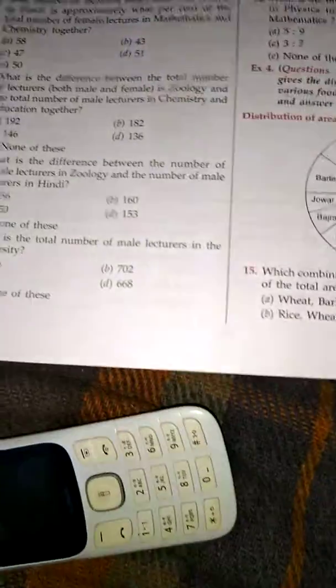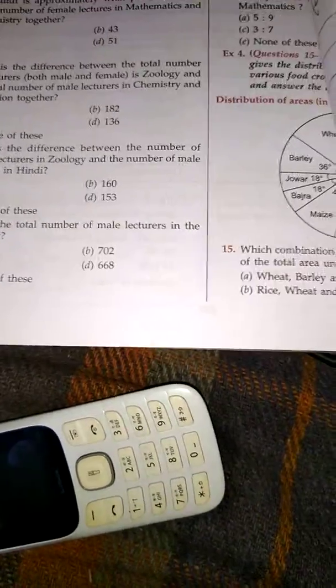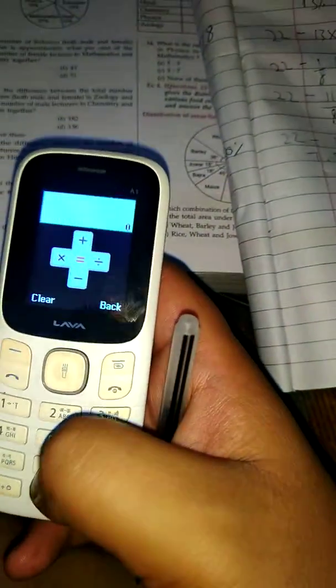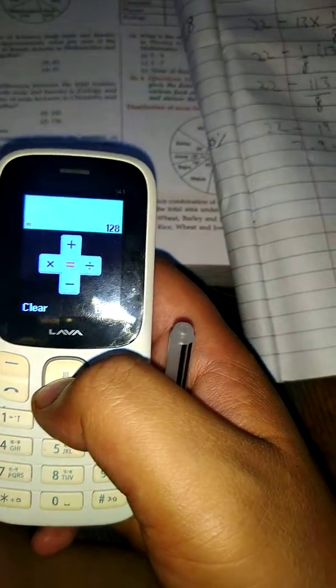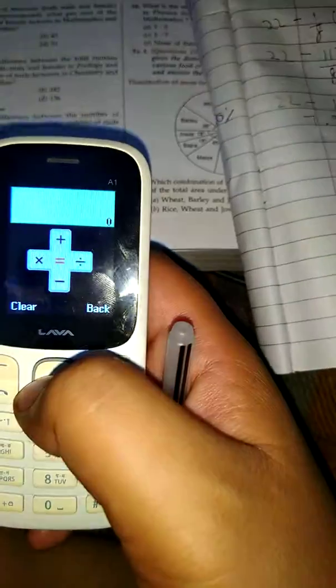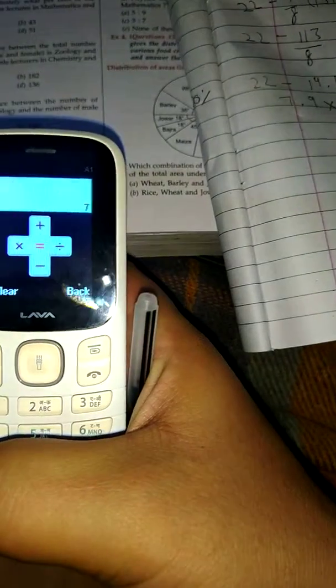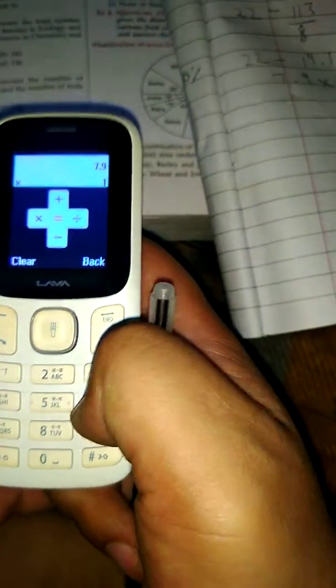7.9% of the total number of lectures, 1600. 8 into 16 is 128, but that is not in our options, so let's take it more precisely. 7.9 into 16 is 126, which is also not in our options.